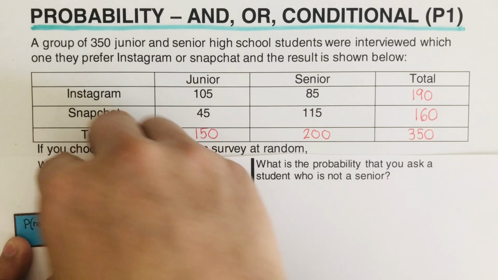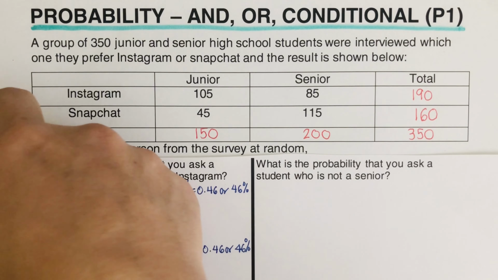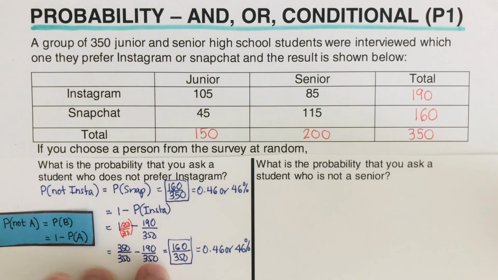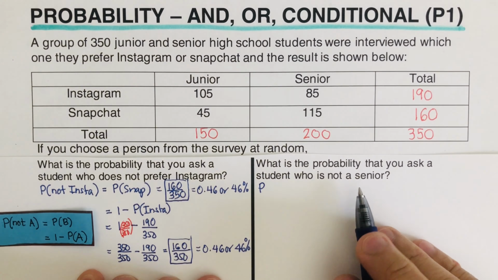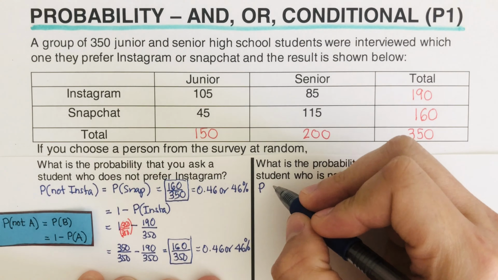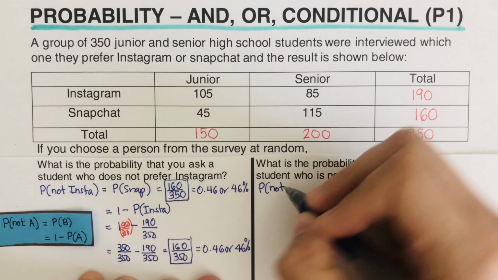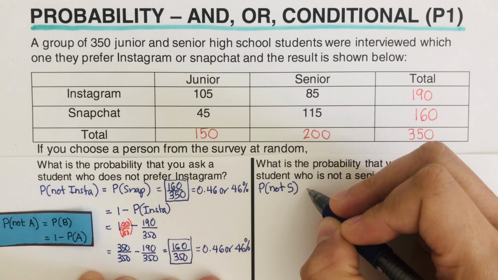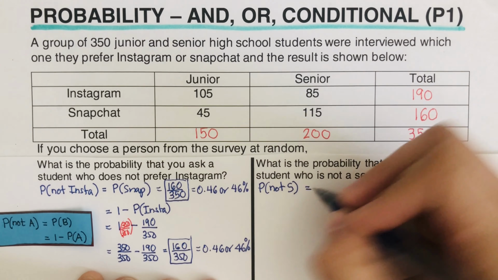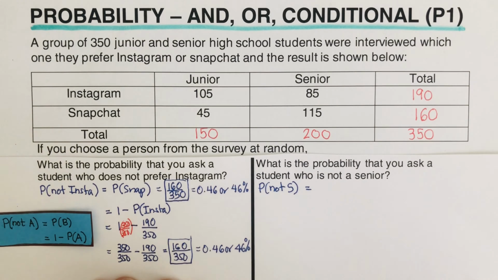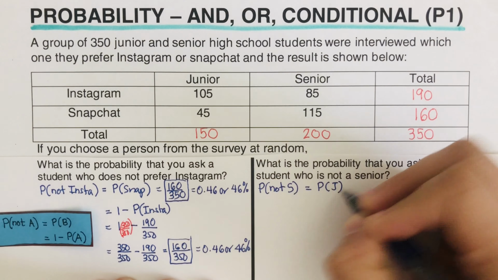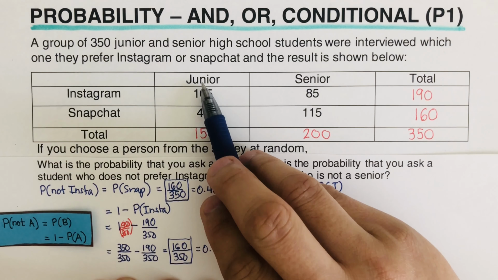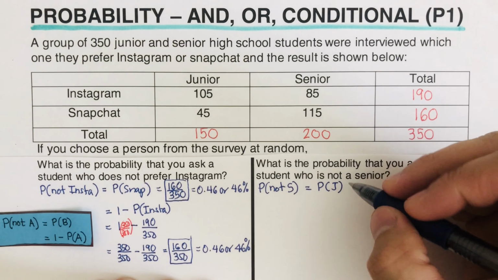Okay, so we go over this problem here. It says we are supposed to look for the probability that it is not a senior. If it's not a senior, that means it's a junior. So it's the probability that it is a junior, which in this problem is 150.